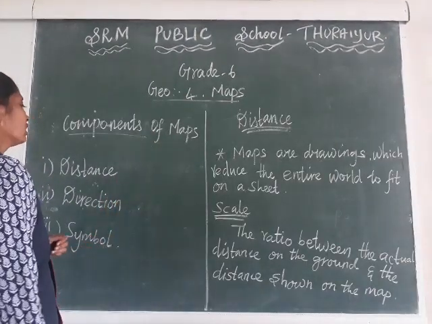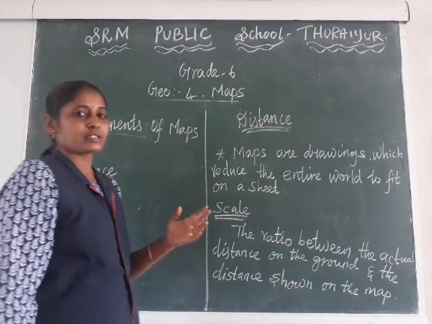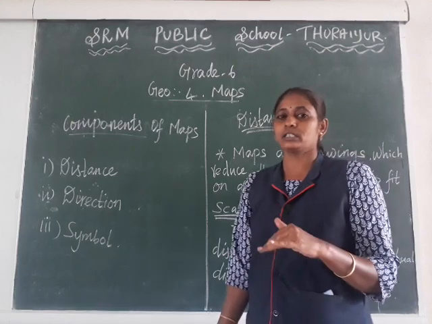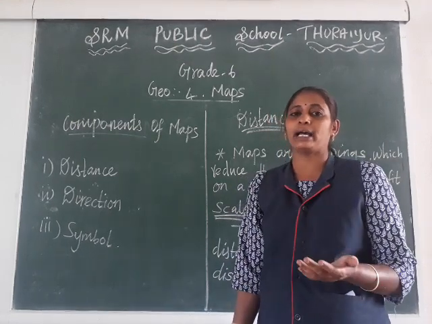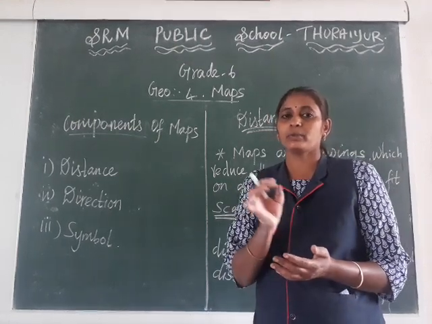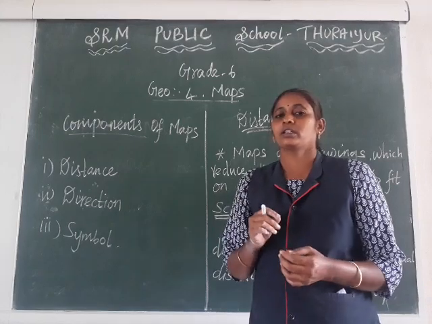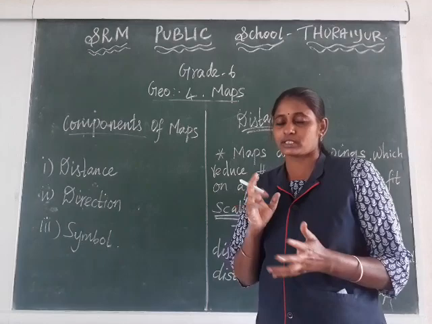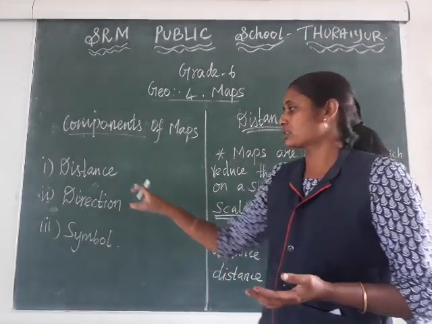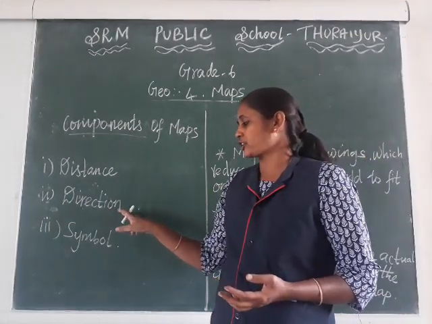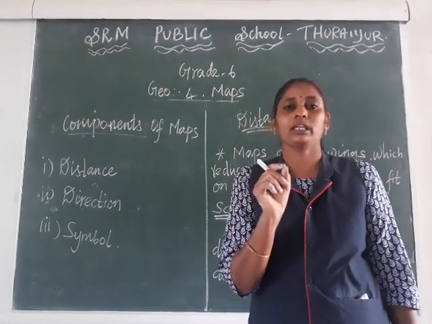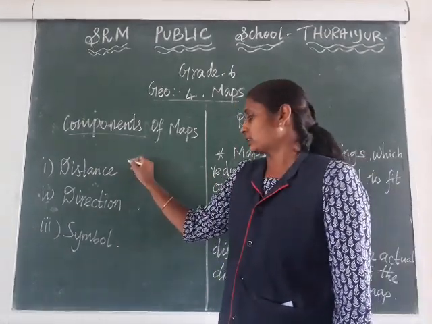So already we discussed the three types of map. In these maps, we can see some important things: one is distance, second is direction, third is symbol. Whenever you look at any map, whether a world map, India map or any new map, you can see these three.